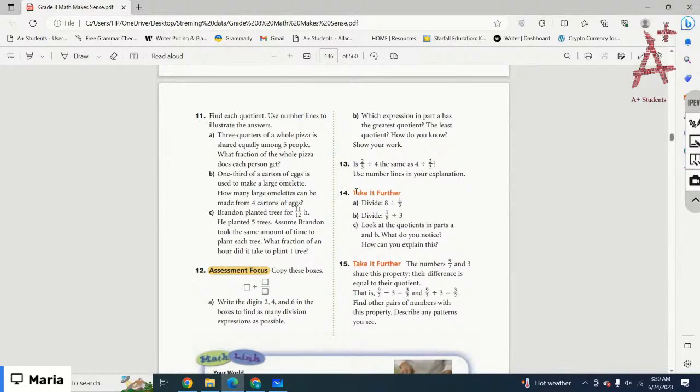The difference is equal to their quotient. That means if you subtract them, the answer is equal to what you get when you divide them. Got it? So you have to find other pairs of numbers with this property.